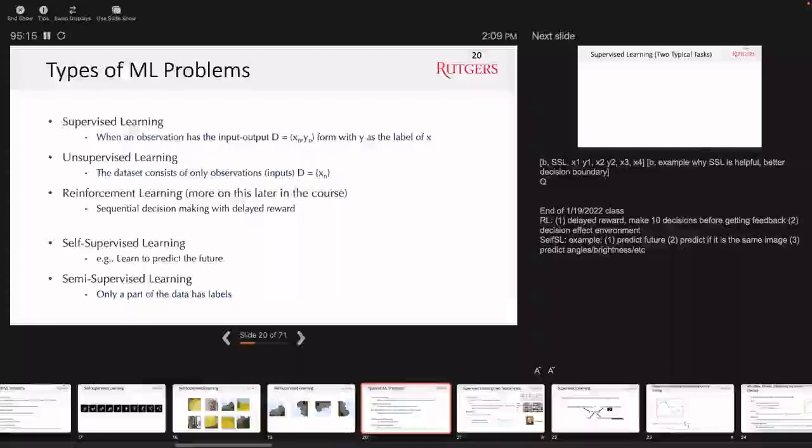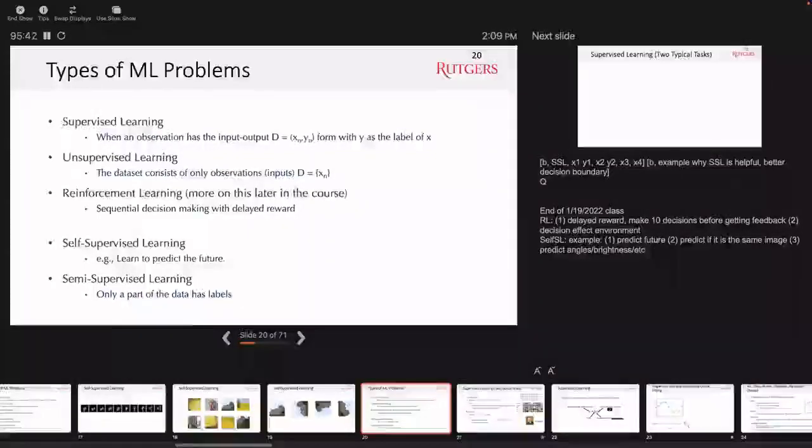Okay, let's get started. In the first half of the lecture, this is where we are, where we talk about different types of machine learning problems. We covered semi-supervised learning, self-supervised learning, supervised learning, unsupervised learning, and reinforcement learning very, very briefly.